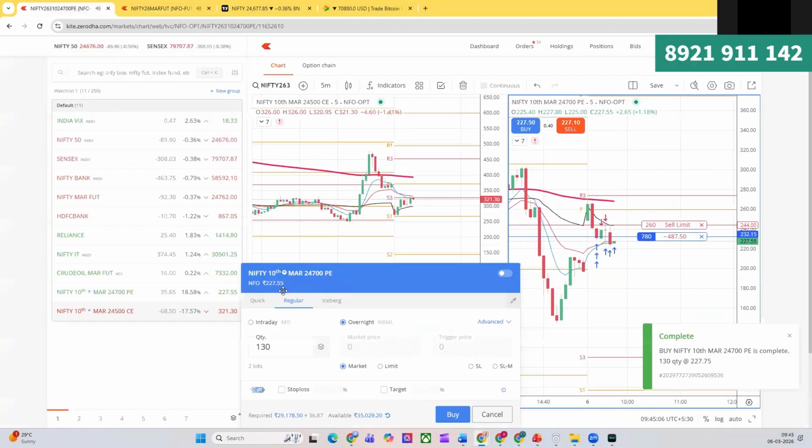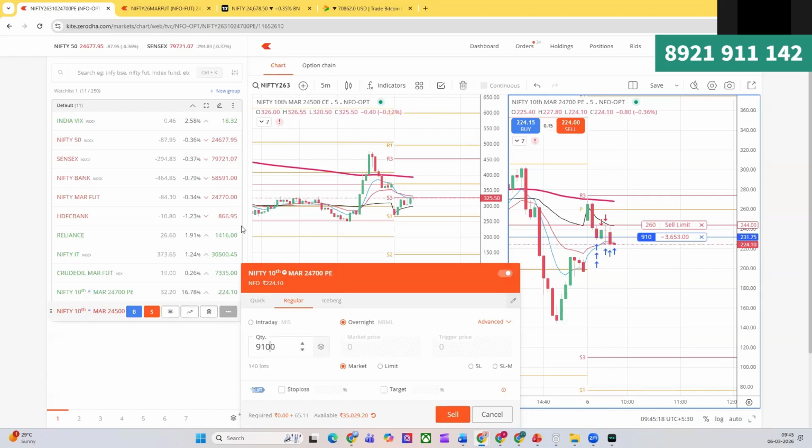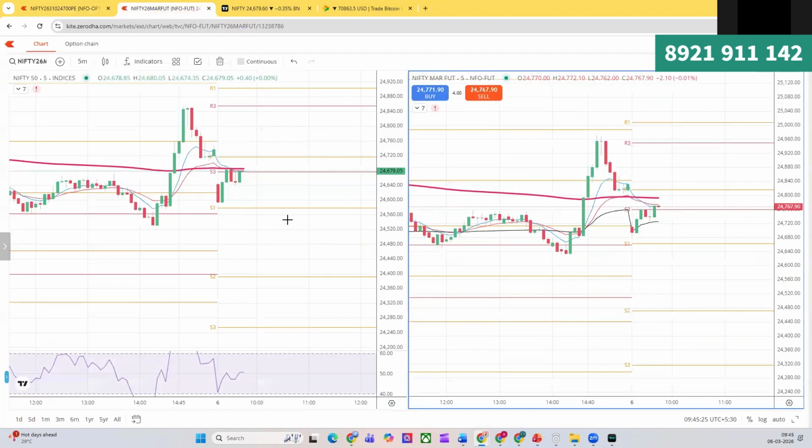I did it again at 227. Yeah, if they break this level, we may have to hold till this gap also, because this gap and this 200 EMA are together.